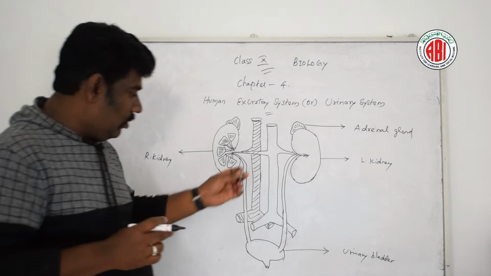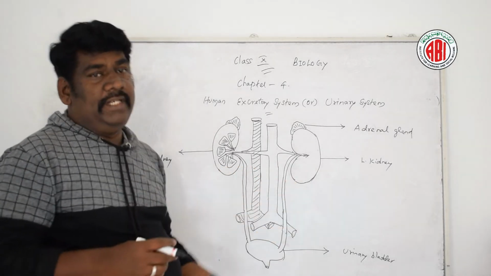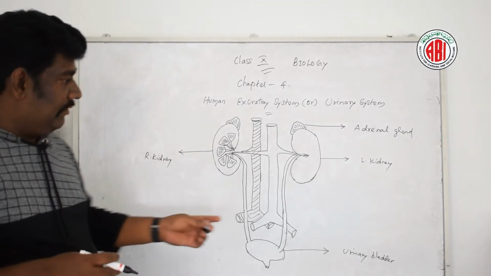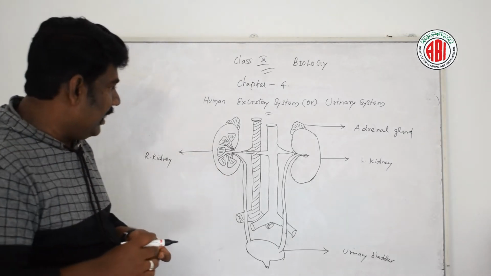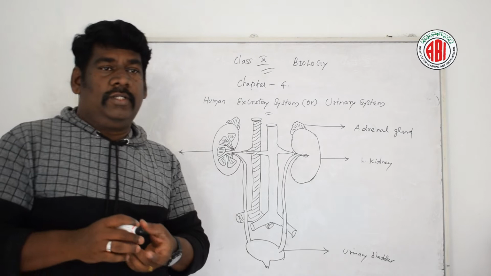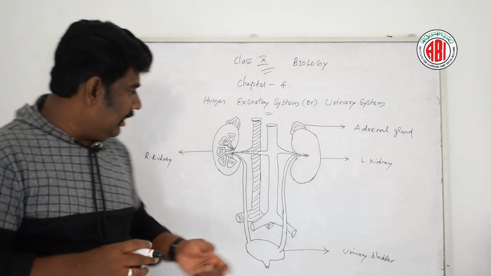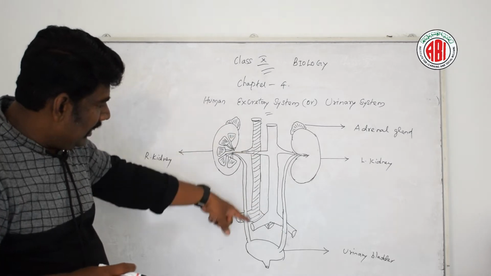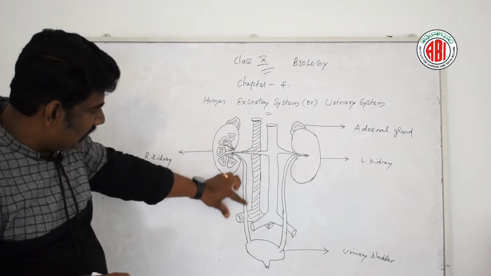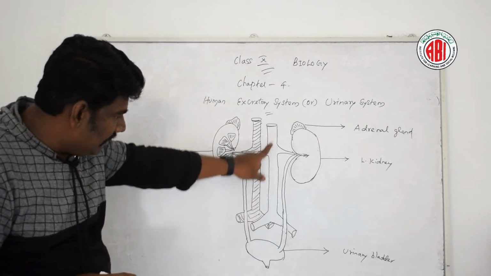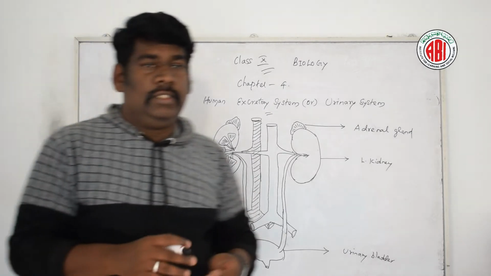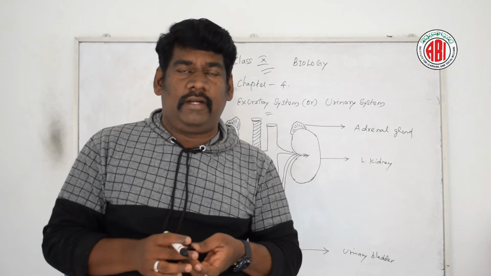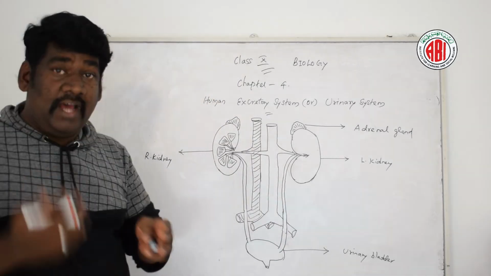Now let us mention the further labelings in this diagram. In the picture we can see two important branch-like structures. One I shaded with strokes, the other I have left blank. These two are the arteries and veins.